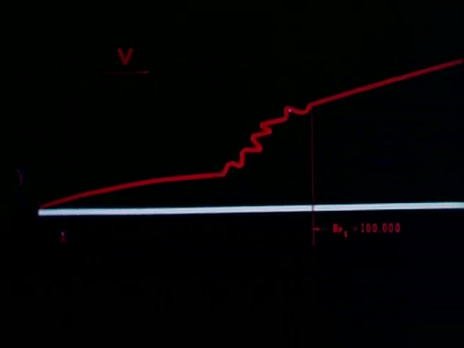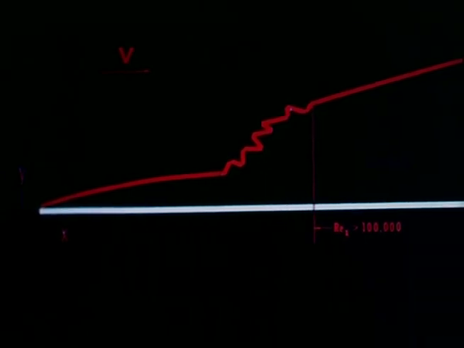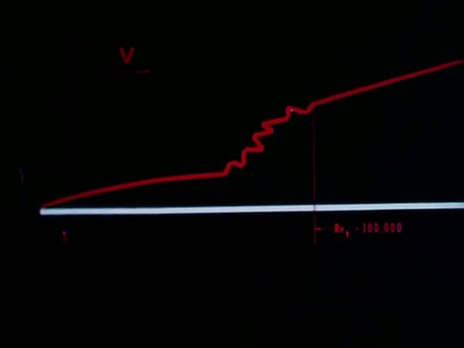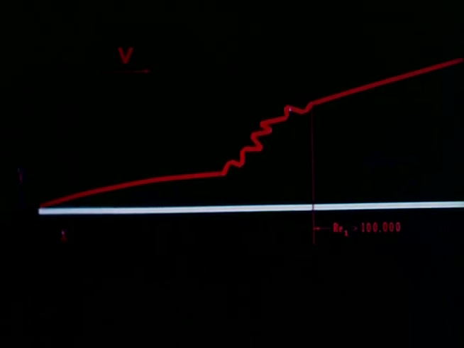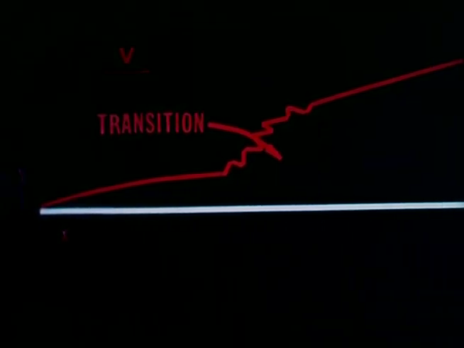Turbulence can be generated in the boundary layer by disturbances only if the x Reynolds number is greater than about 100,000, so that close to the leading edge, the boundary layer must always be laminar regardless of disturbances. A transition region of intermittent turbulence connects the laminar and turbulent portions of the boundary layer.